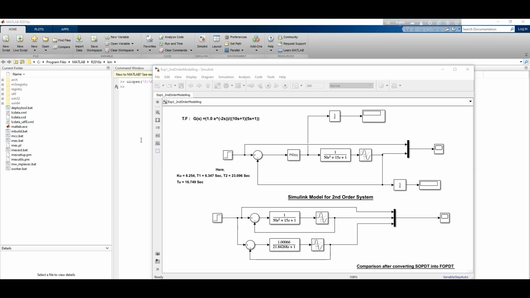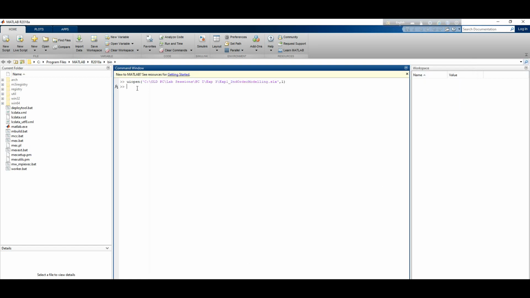For that we need to write some commands in the command window to plot the Nyquist as well as the Bode plot. So let's write the commands.